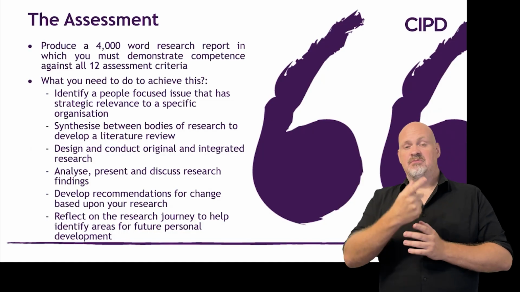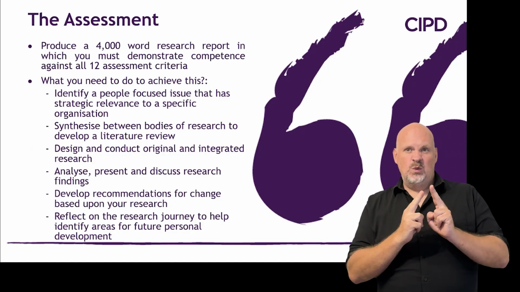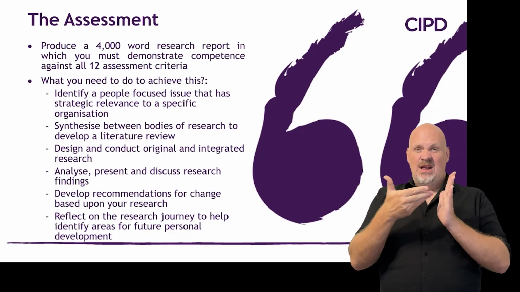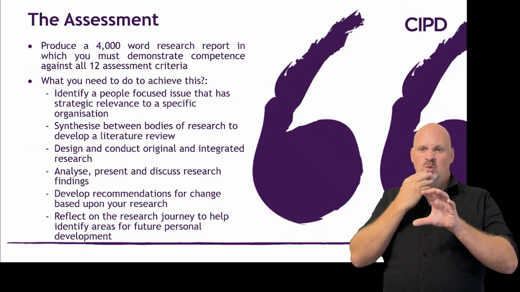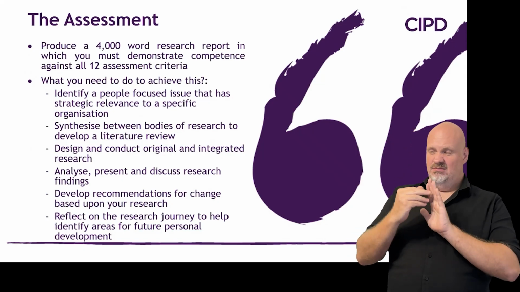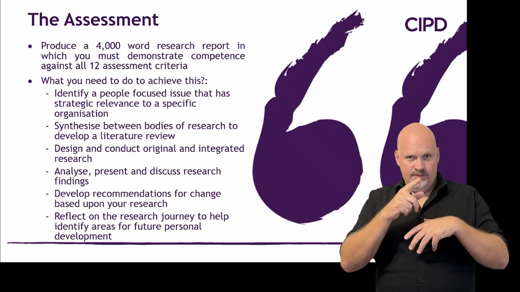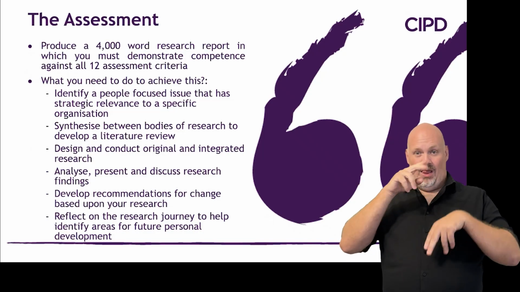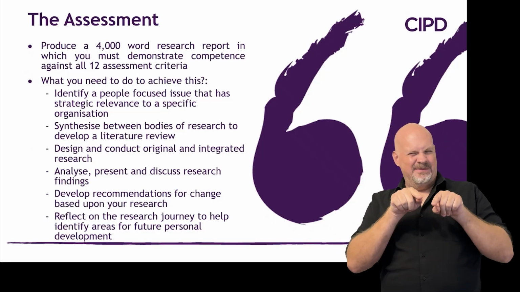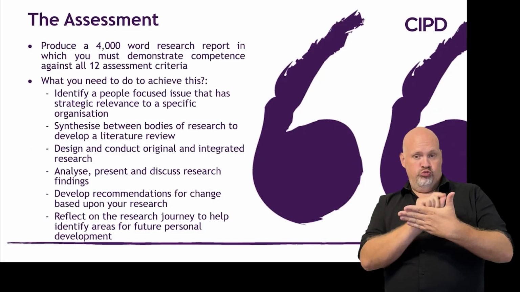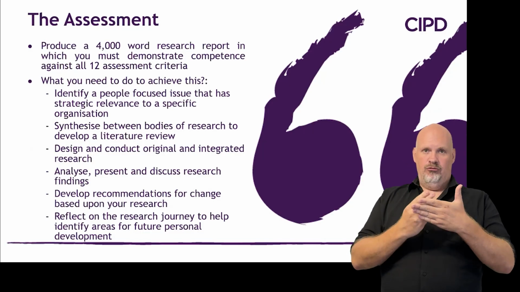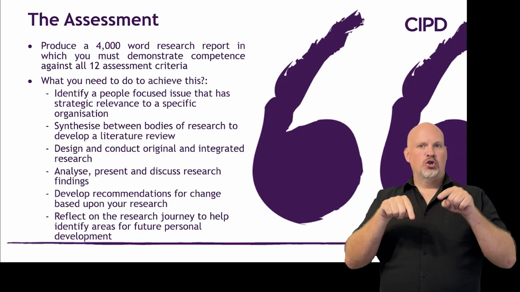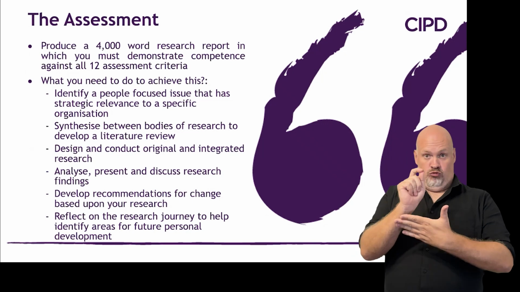Moving on, we need to look at what research has gone before us. What body of research is there, written by experts in their field, that we can draw upon and synthesize to develop a literature review? Following on from that, you need to design and conduct your own original research, what we refer to as integrated research.